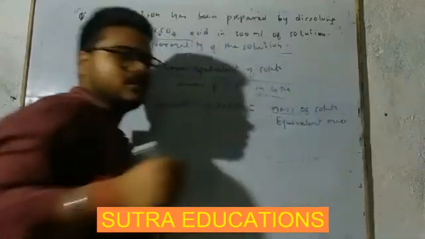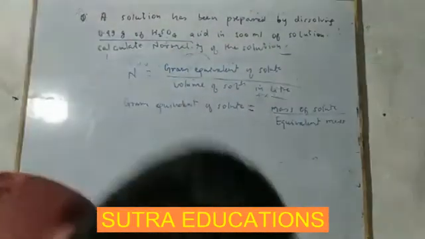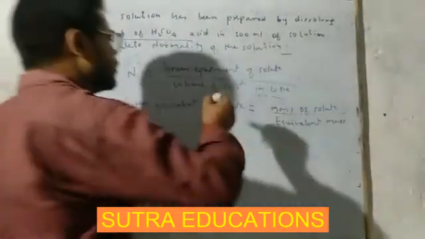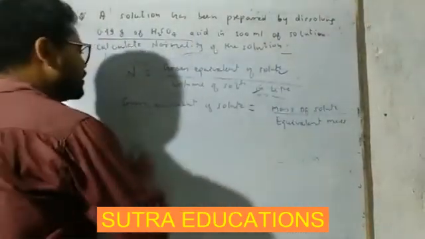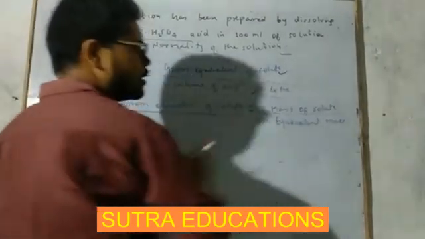Just try to remember this. I told you that gram equivalent of solute is calculated as mass of solute divided by equivalent mass.